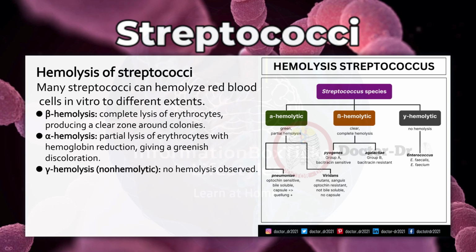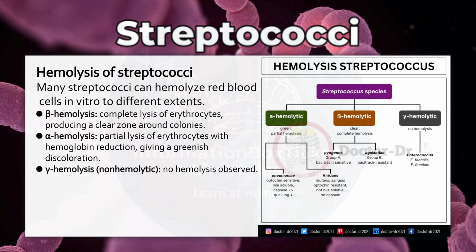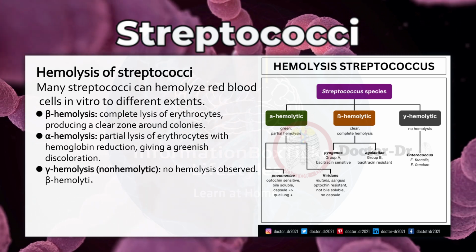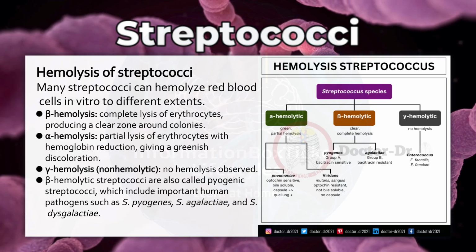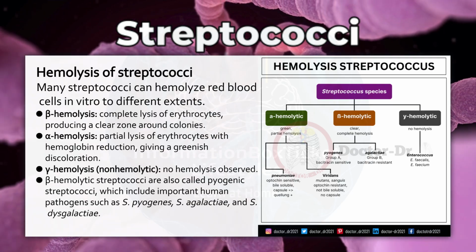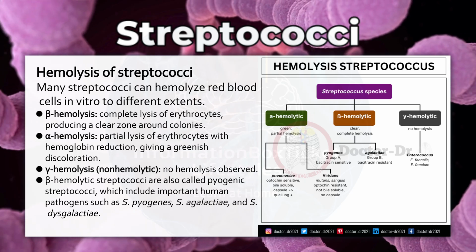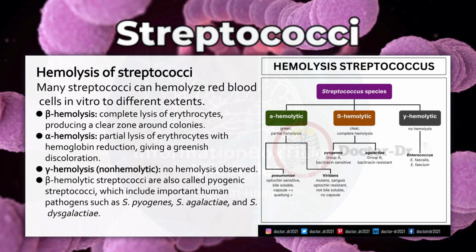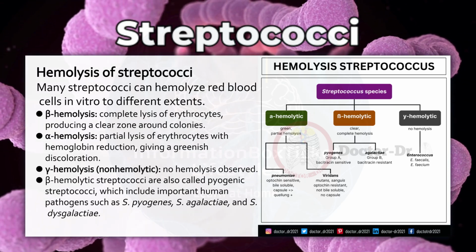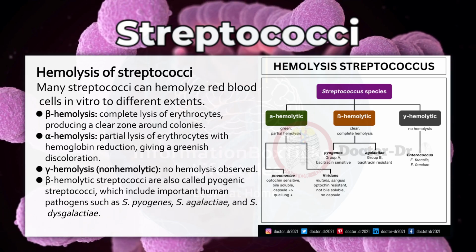Gamma hemolysis: non-hemolytic, no hemolysis observed. Beta-hemolytic streptococci are also called pyogenic streptococci, which include important human pathogens such as Streptococcus pyogenes, Streptococcus agalactiae, and Streptococcus dysgalactiae.